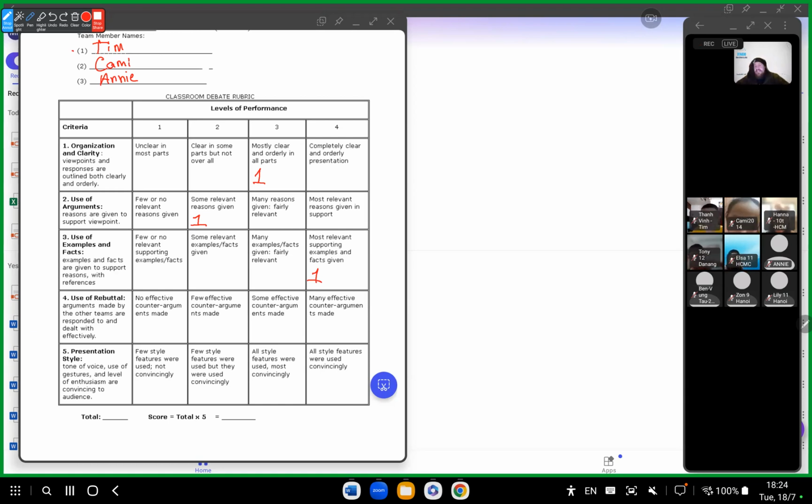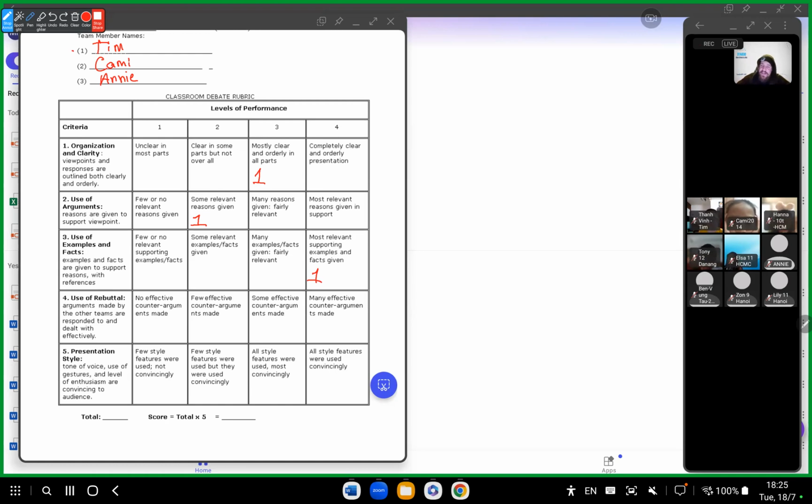The first speaker of the team doesn't need to rebut because he's the first person to speak. Wait, no, this is the con team, sorry. So yes, Tim will need to rebut. So Tim made some pretty good counter arguments.